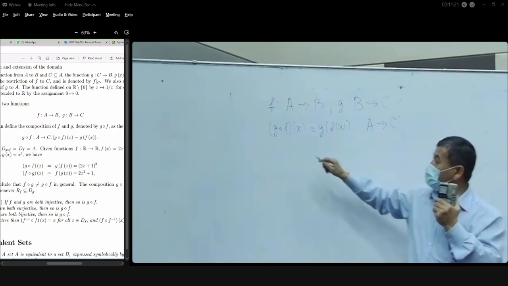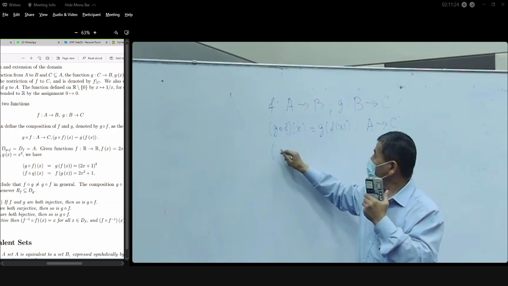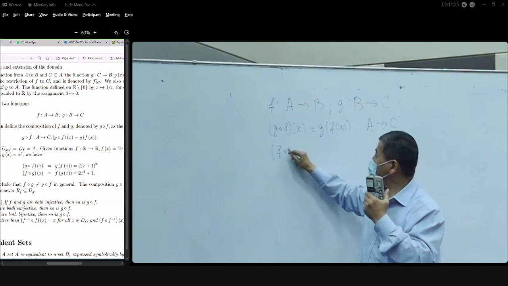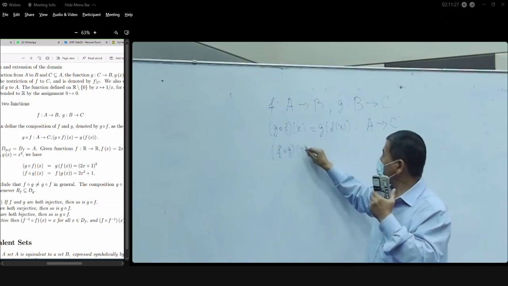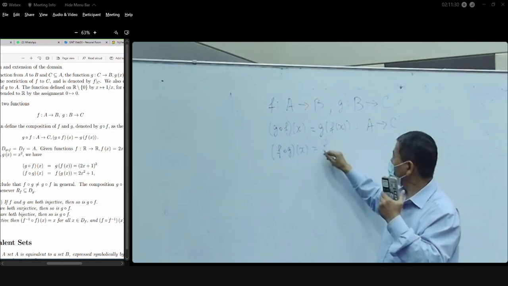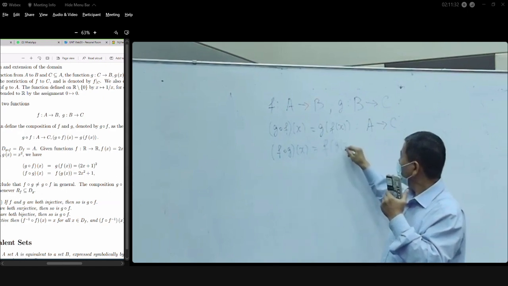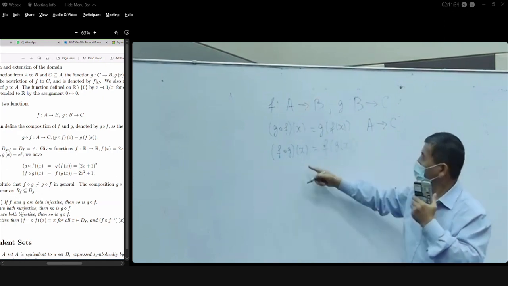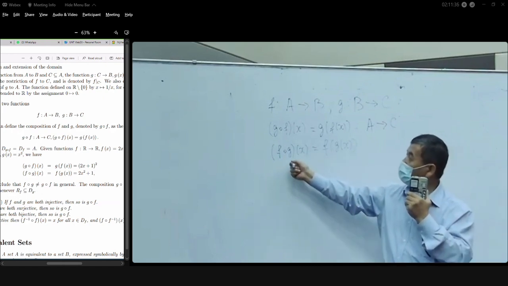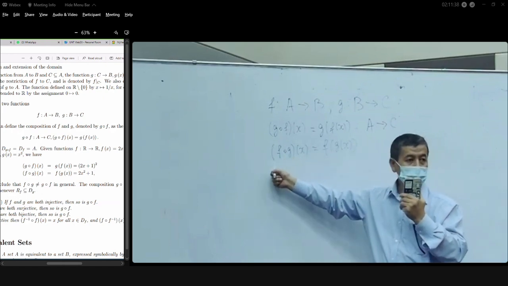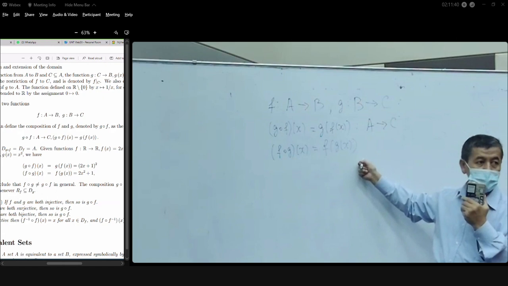But an interesting point: this f and g are defined by this. Now look, the composition of g and f is defined by this.